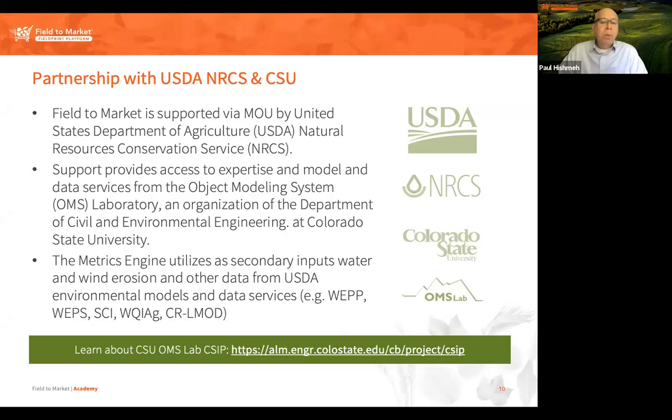So we are very thankful to have the support from USDA, NRCS. We work with Colorado State University at their Object Model Systems Lab out in Colorado. And I listed there some of the primary models that we use. Not surprising, we use Water Erosion Prediction Project, Wind Erosion Prediction System.